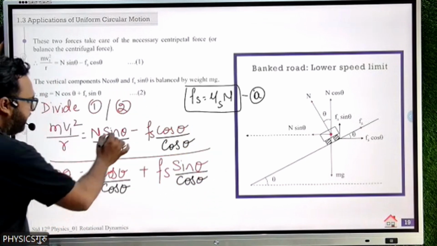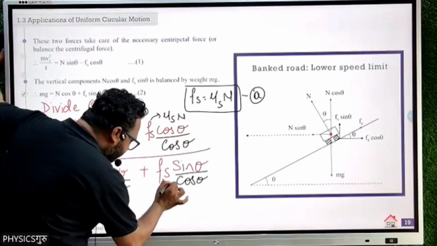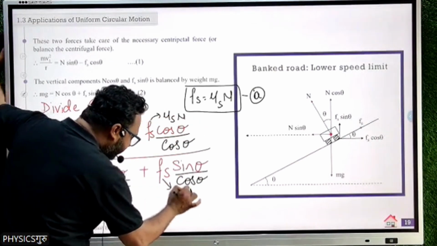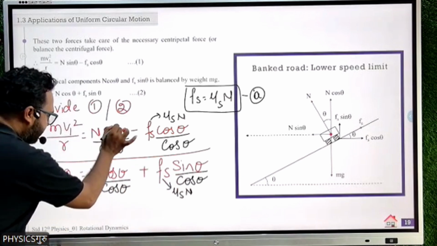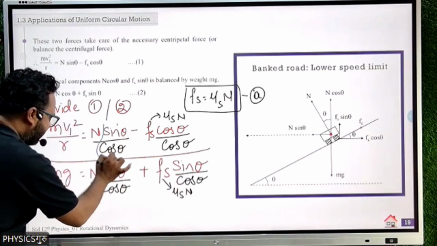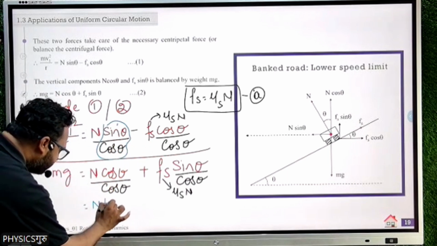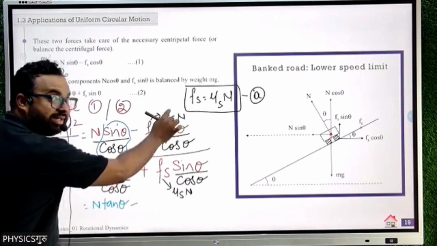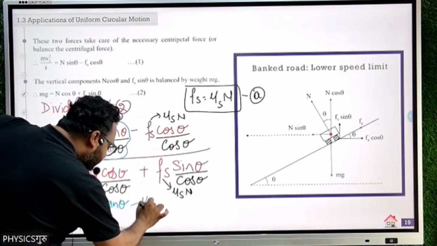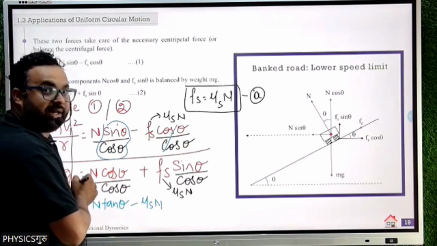Fs can be written as mu s into N. Sin theta upon cos theta is basically tan theta. So the expression will be N tan theta minus mu s into N, and cos theta will get cancelled out.